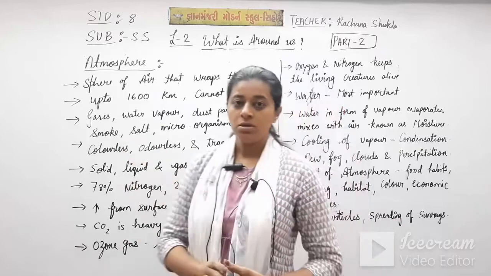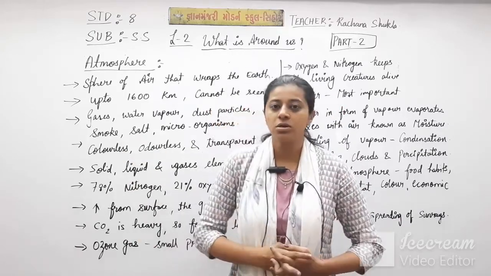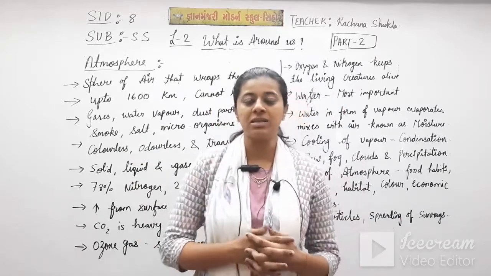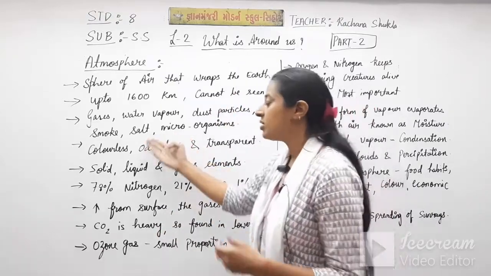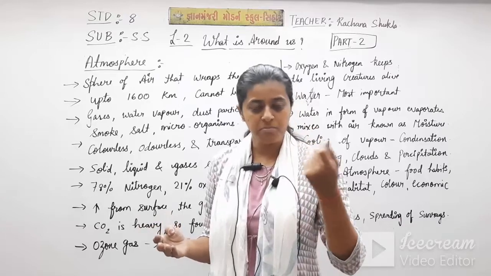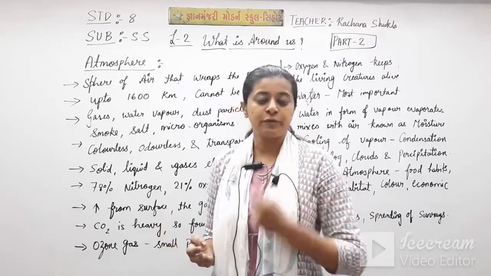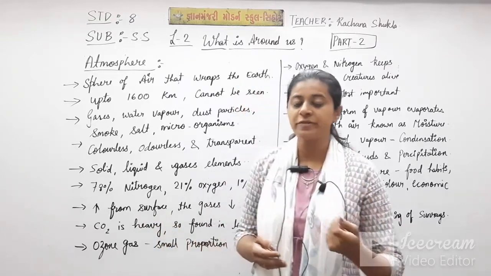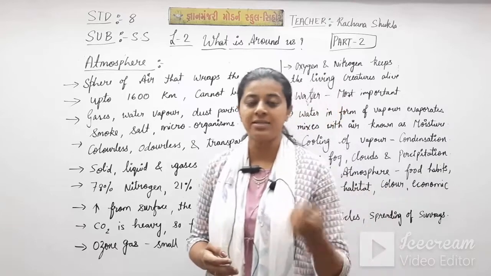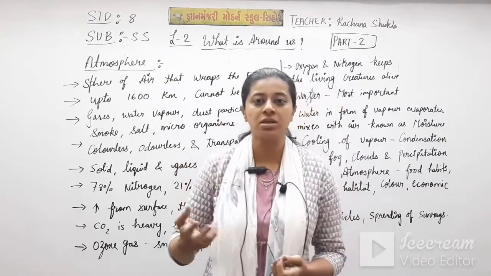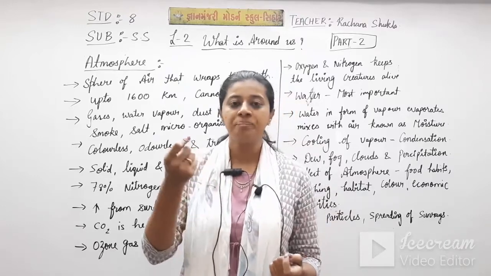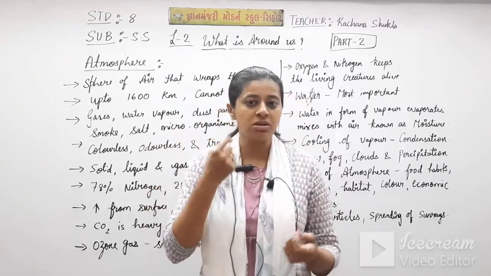Then smoke, all of you know what is smoke, the smoke coming out from the factories and other industries. That smoke is found in the atmosphere. Salt, a minimum amount of salt is found in the atmosphere, especially in the coastal areas. If you visit coastal areas, there is maximum moisture in the atmosphere, and that is the amount of salt that strikes your skin.